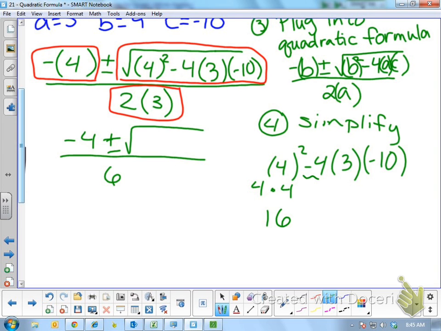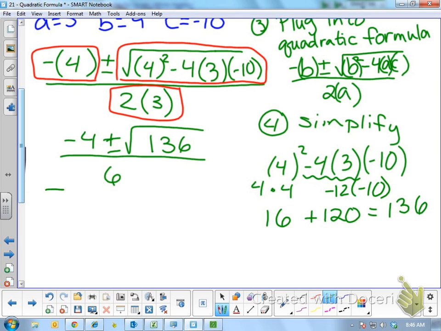So I multiplied the first 2 together. Negative 4 times negative 3 is negative 12. Then we have to multiply negative 12 times negative 10, it's 120. And then we can just add those together. 16 plus 120 is 136. So that's as far as we're going to take our simplification today.